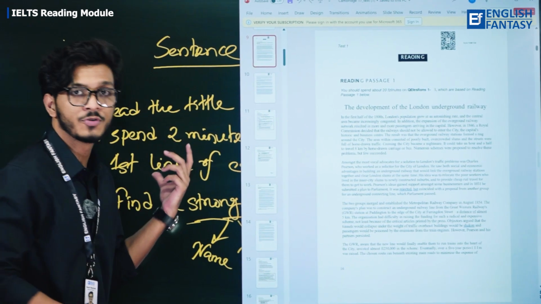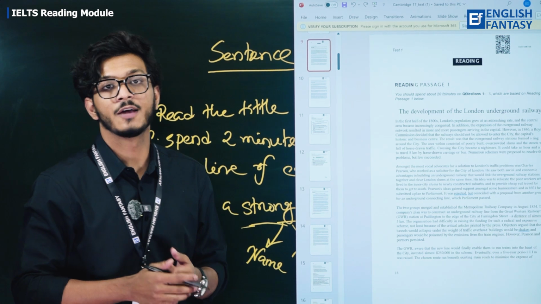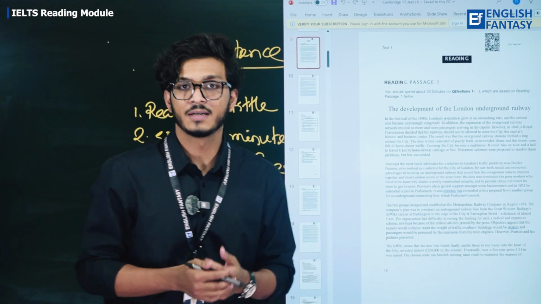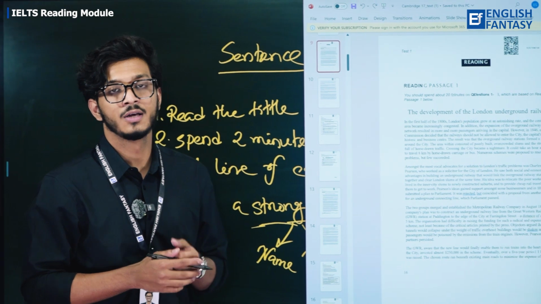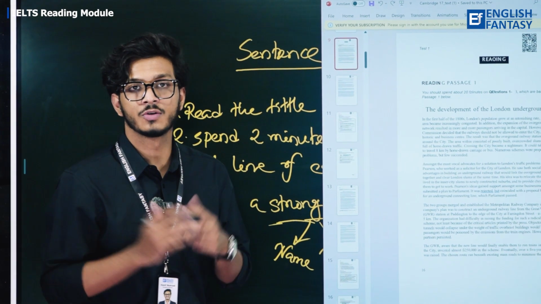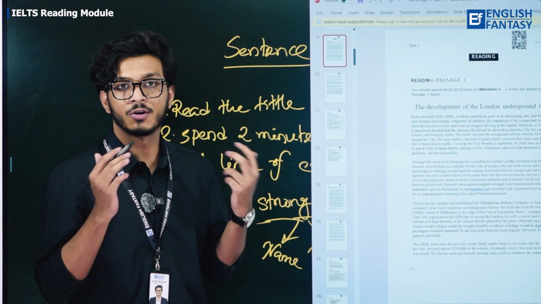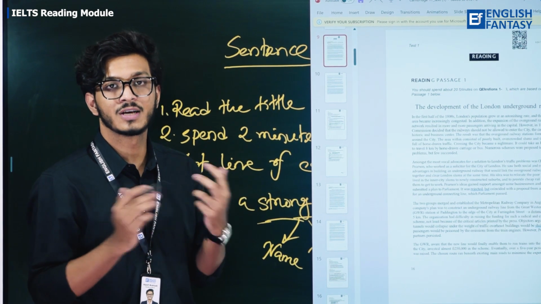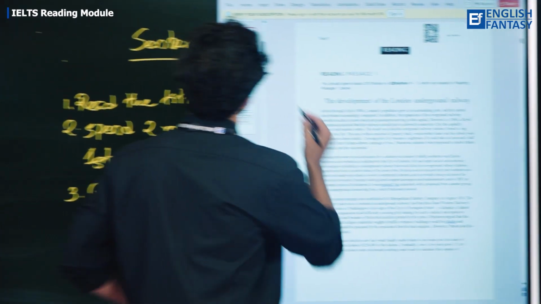As we mentioned before, we have to read the title of the passage, spend 2 minutes reading the first line of each para, and highlight the keyword. So let us go for it.